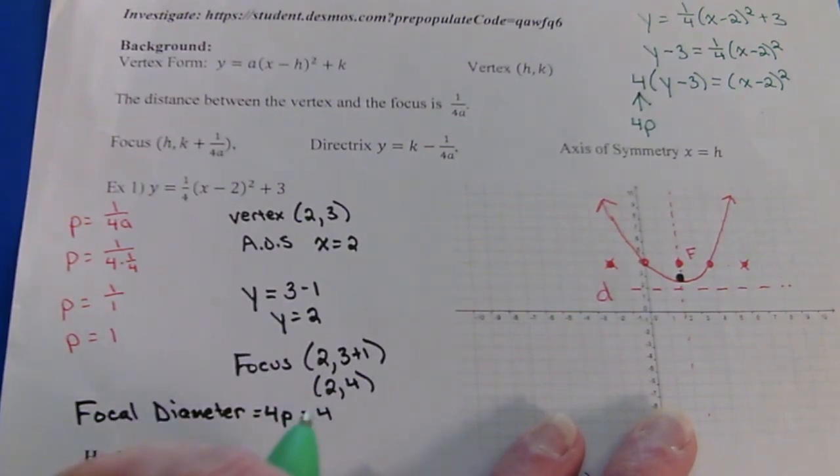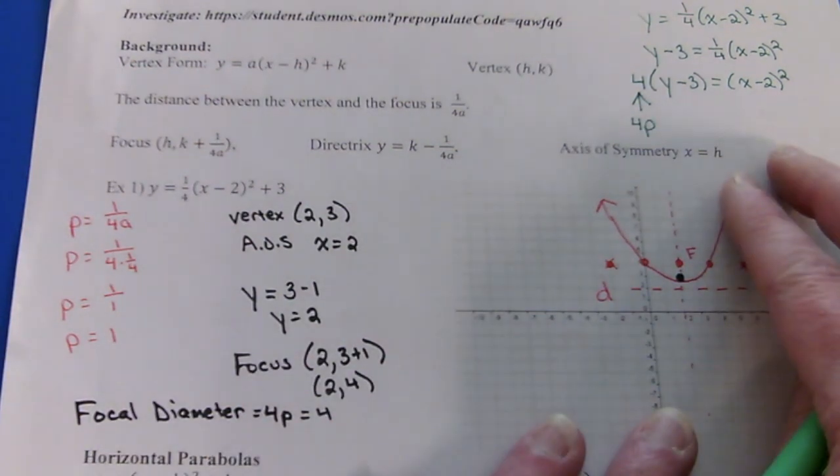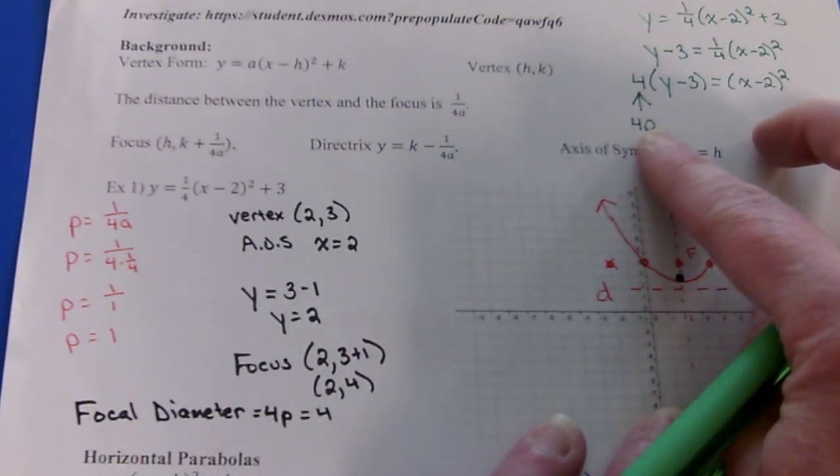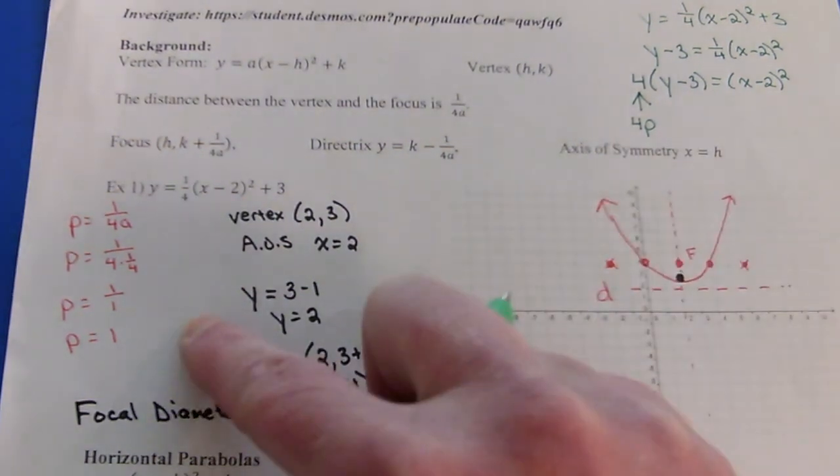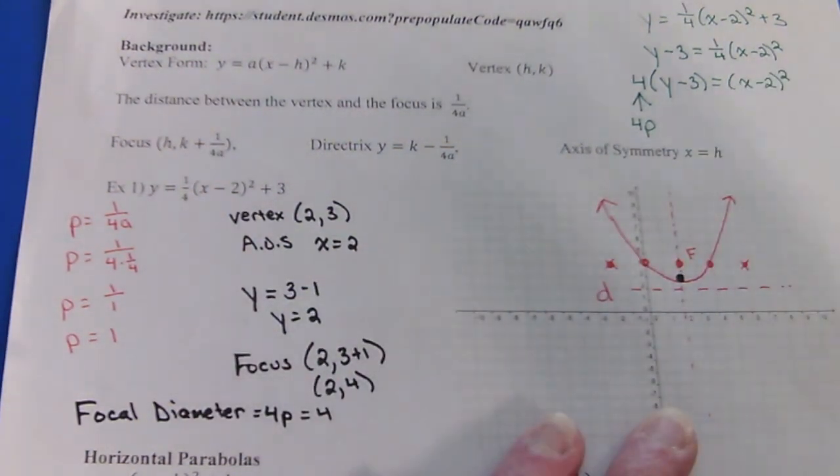So it can be a little easier sometimes from that form because you automatically know your diameter. Then you would just divide that by 4 to find the p-value. Either way, it's fine. So it just depends on what I'm given.